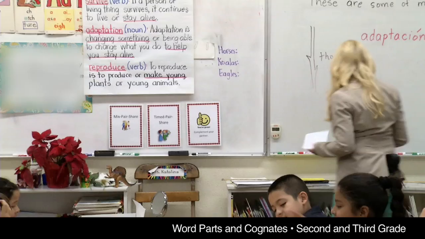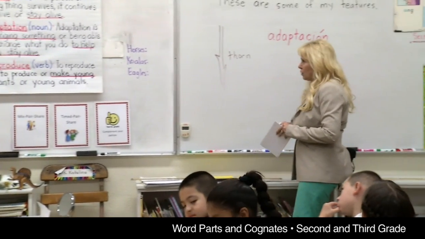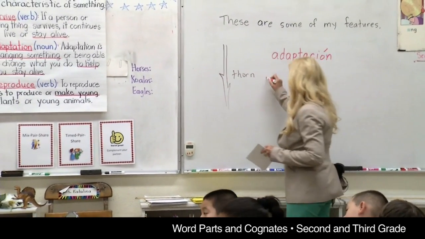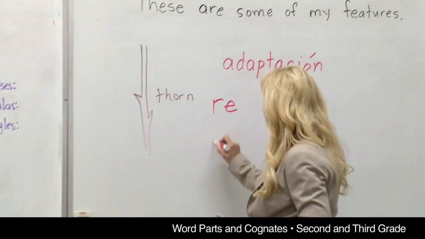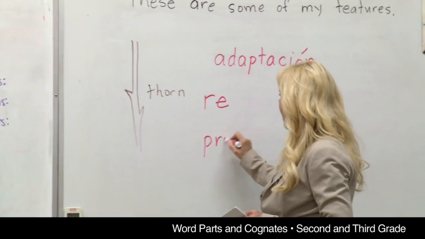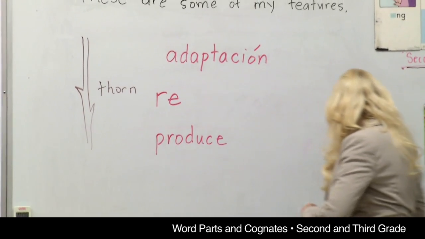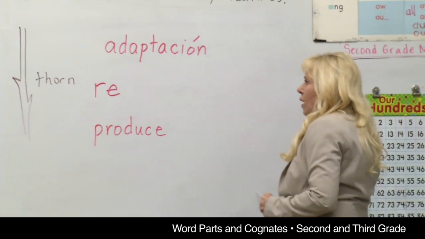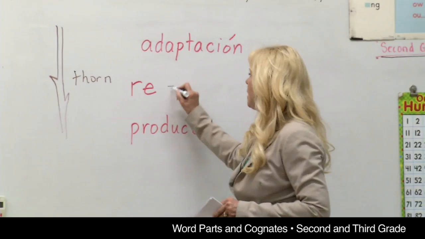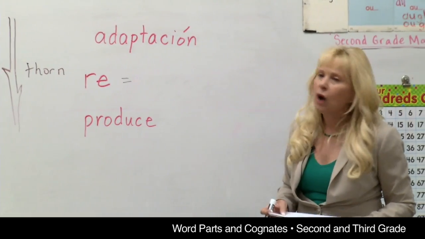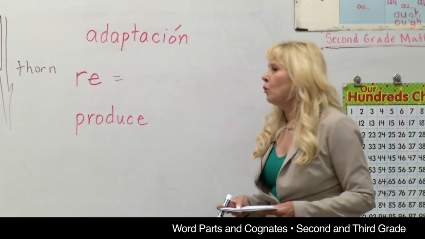All right? Now, before we talk about this word, I want you to look at the word parts. This word has two parts: re and produce. Does anybody remember what the prefix re means? Like when you reopen something or you replay something.